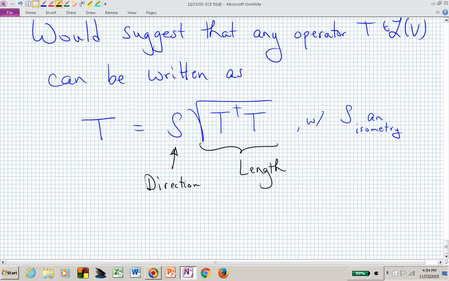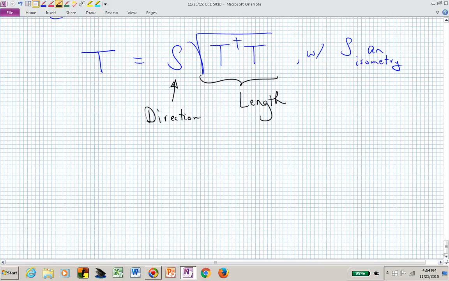What we have to do, so we could find its length, and then if it was negative, we're just going to go 180 degrees in that direction. And that's what we're going to show. So this inspired factorization of a linear operator into a direction and a length can happen. I wouldn't have spent this much time talking about it if it wasn't.